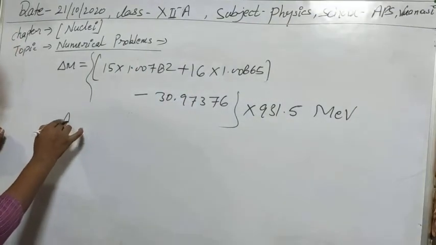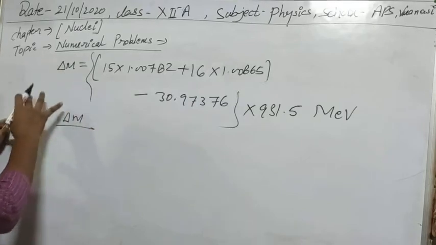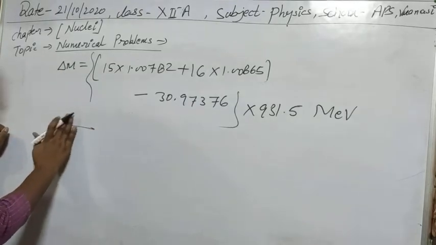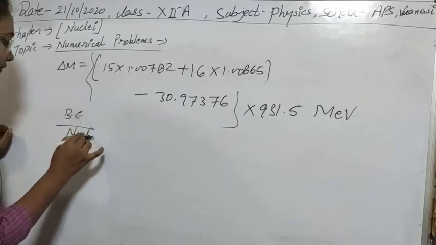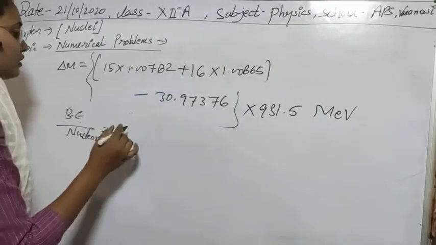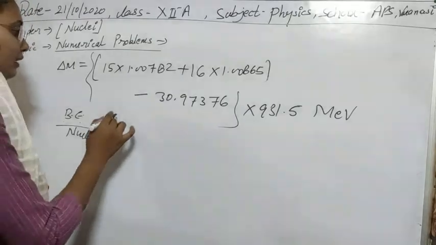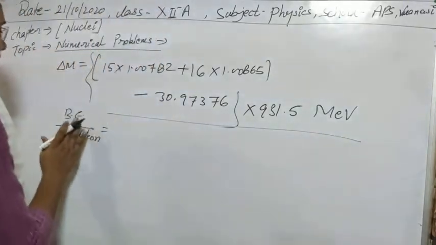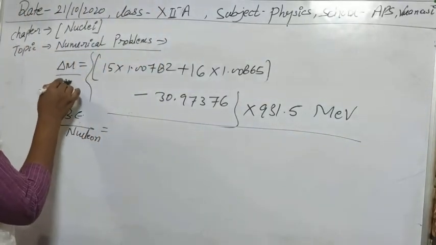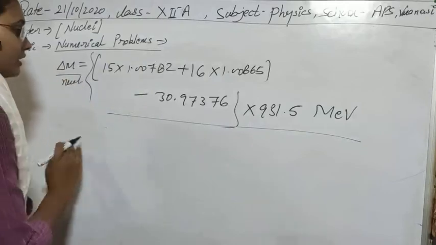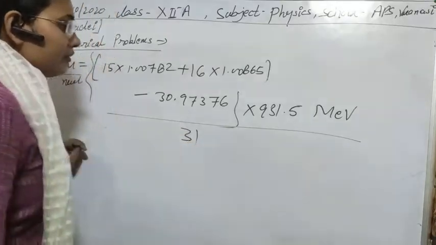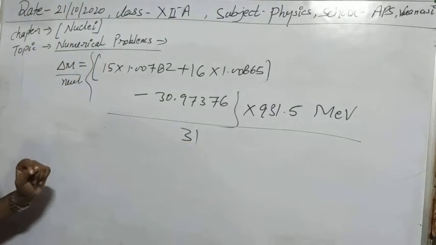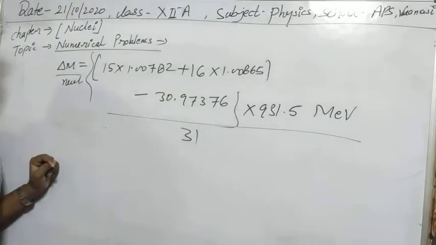And if we have to calculate the binding energy per nucleon, it will be equal to this whole term divided by the number of nucleons. What is the number of nucleons in that system? Total 31 nucleons are there. Clear? Number of protons plus number of neutrons.